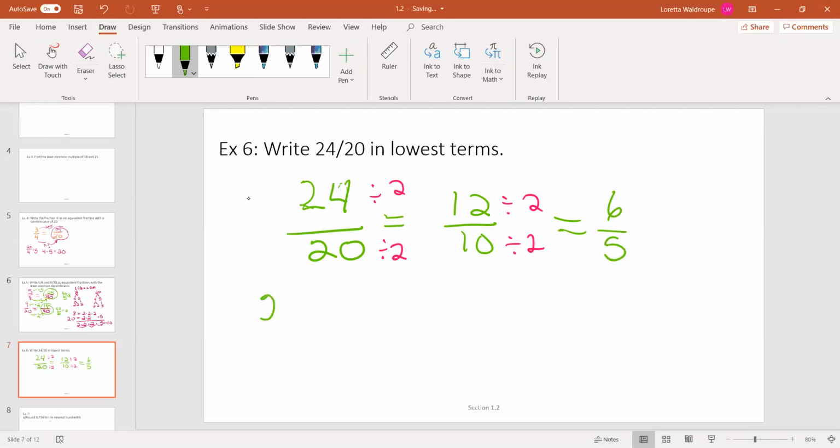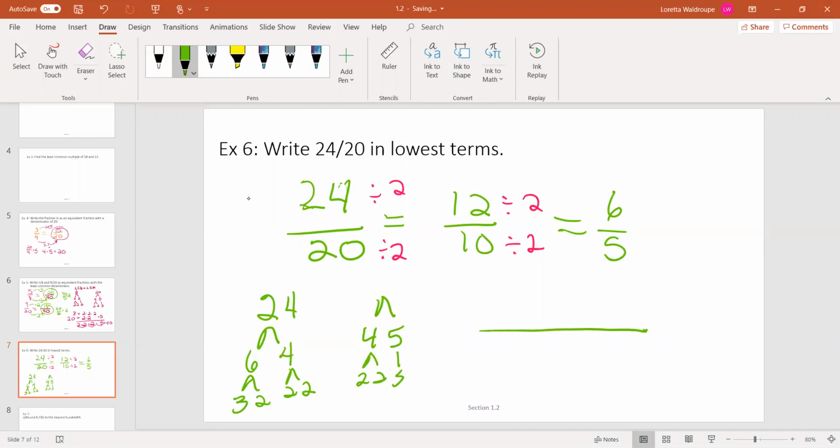Another way you can do this is to break it into its prime factors. So 24 is 6 times 4, 6 is 3 times 2, and 4 is 2 times 2. 20 is 4 times 5. So rewriting my fraction, 24 is 3 times 2 times 2 times 2, and 20 is 2 times 2 times 5.